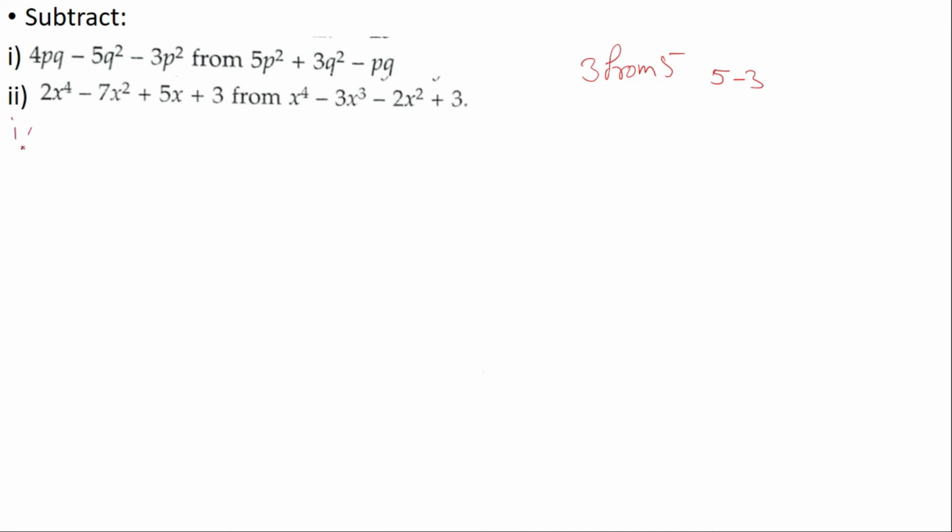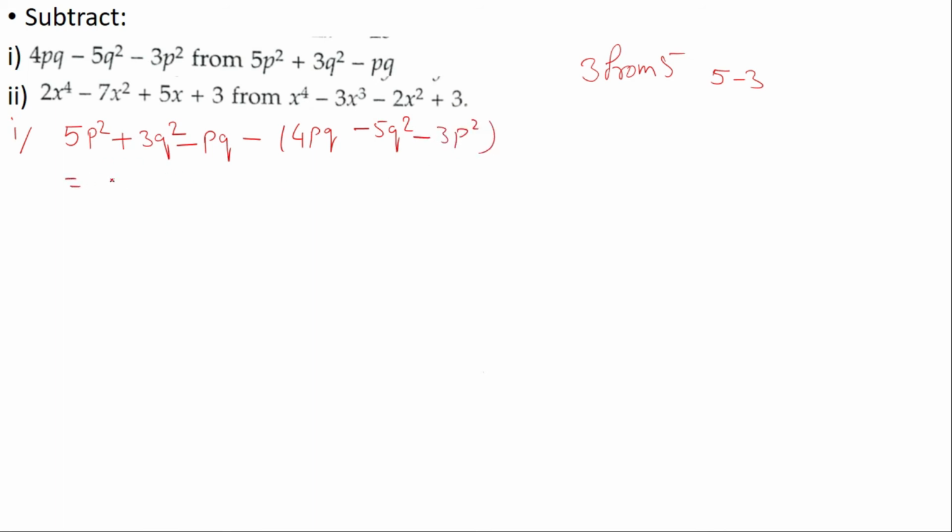So in number 1 we write 5p square plus 3q square minus pq. In the question it is given that this expression should be subtracted from the second one. So we will write the second one first, then minus 4pq minus 5q square minus 3p square.